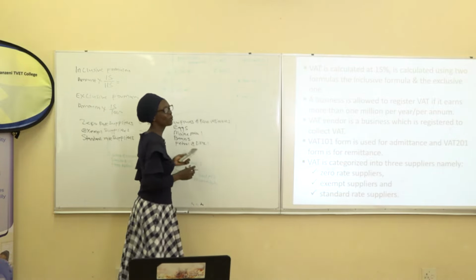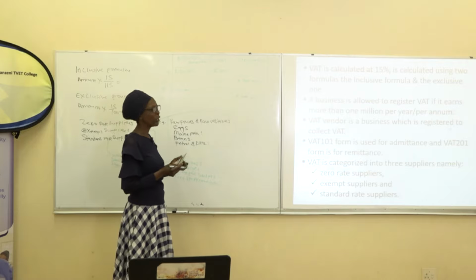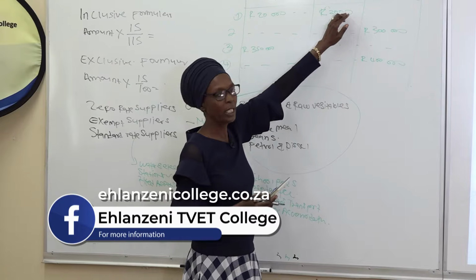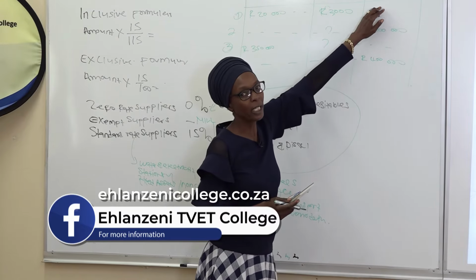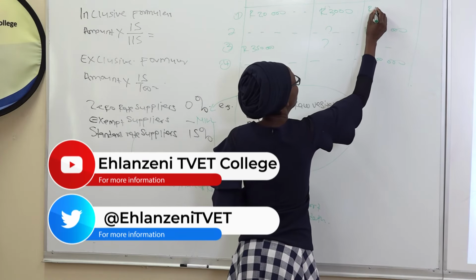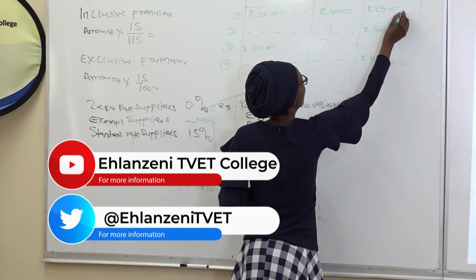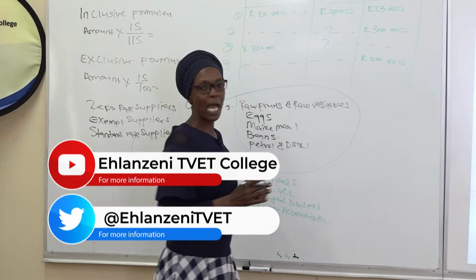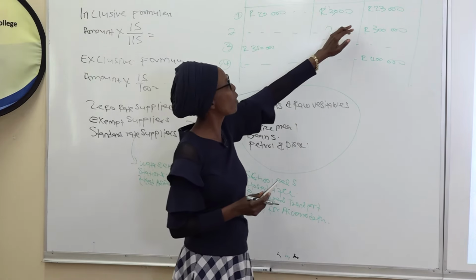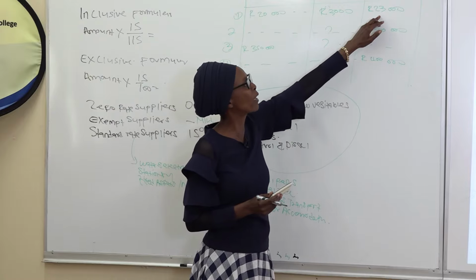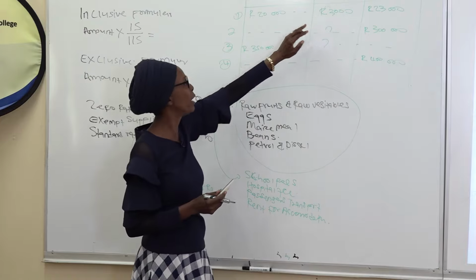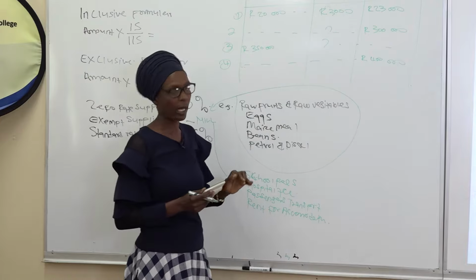If you want to calculate the inclusive amount, you can say exclusive plus the VAT, it will give us the inclusive amount. Then it will give us 23,000. To make sure that you have calculated the VAT correct, you can also take the inclusive of 23,000 using the inclusive formula and calculate the VAT. You will get the 3,000.